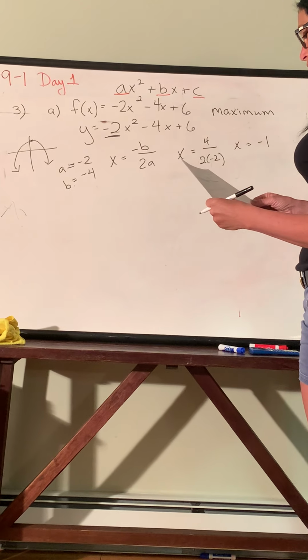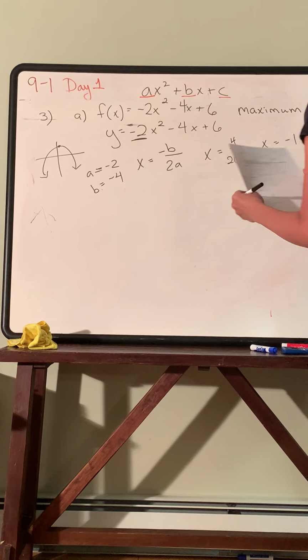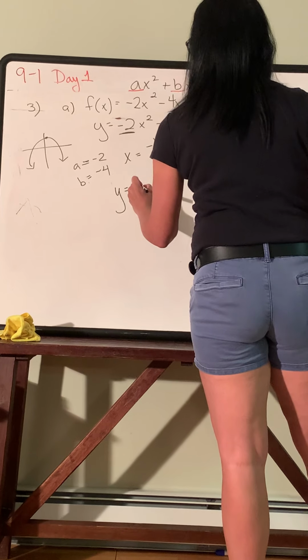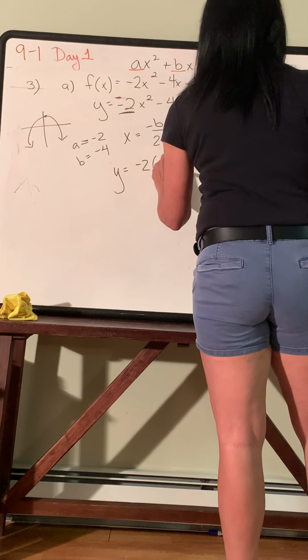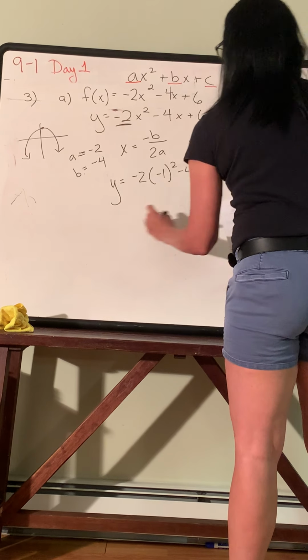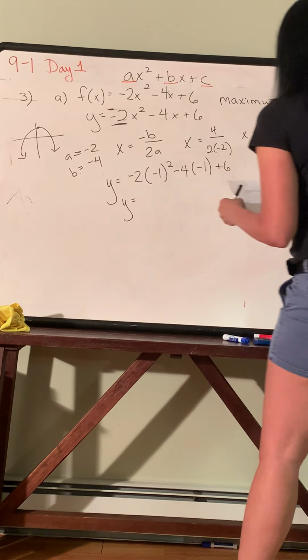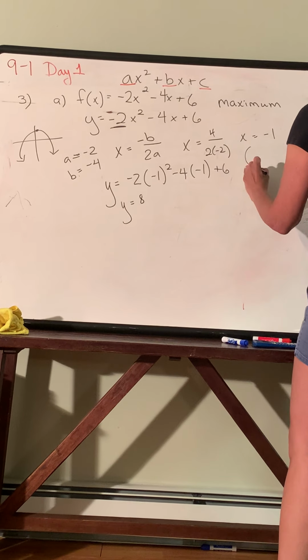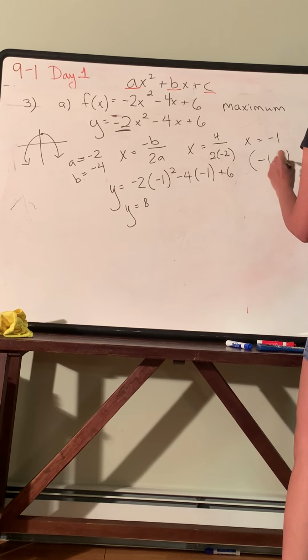And then I plug it in to this to get the y coordinate. So y equals negative 2 and when I solve all of that, I get y equals 8. Okay, so now I have a coordinate, negative 1, 8.